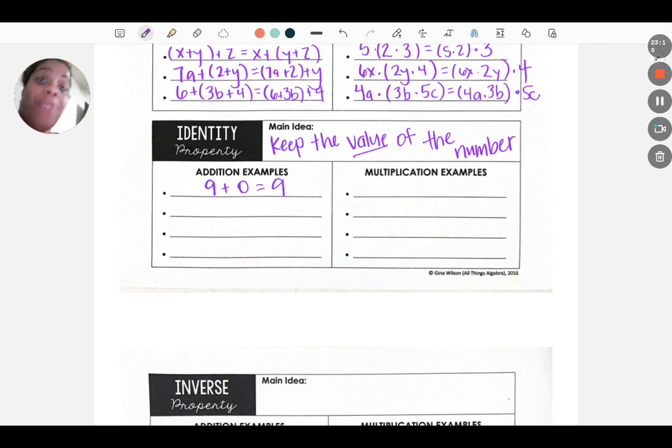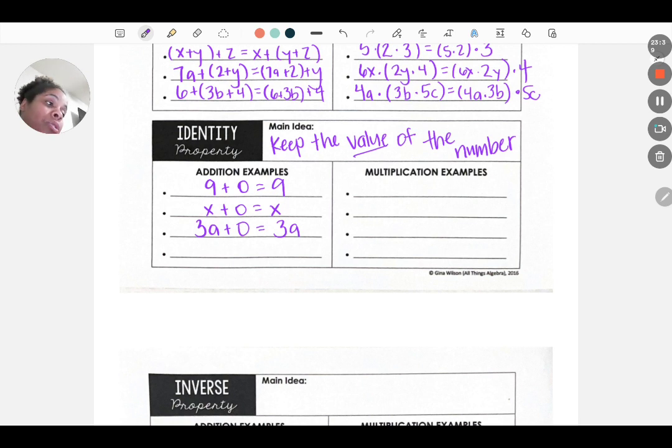We can do that with variables. X plus 0 is equal to x. We didn't change anything about x. We can do that with numbers with variables. 3a plus 0 is the same as 3a, right?